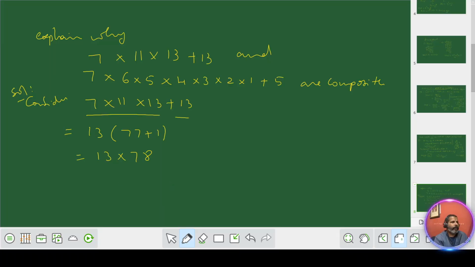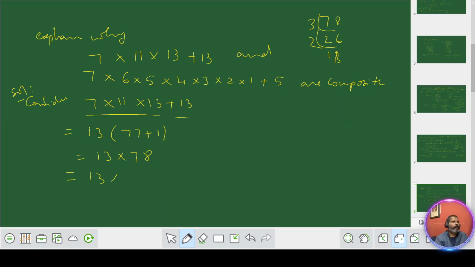The given number has the factors 13 and 78 other than 1 and itself. Also, we can write that 78 has more than 2 factors. For example, 78 goes in the 3 table: 3 2s are 6, 3 6s are 18, 2 13s are 26, right?